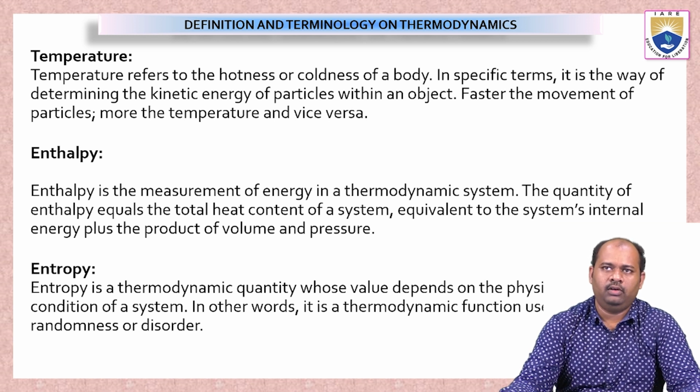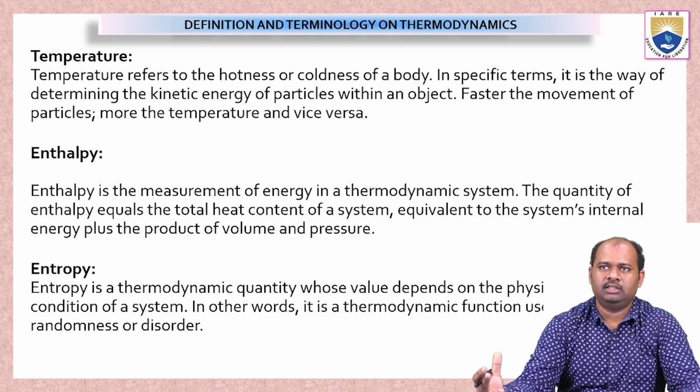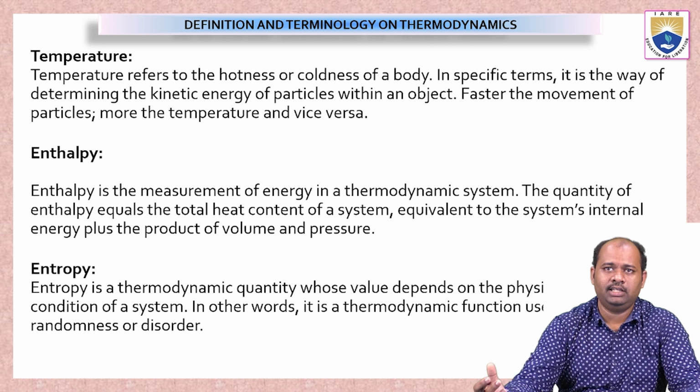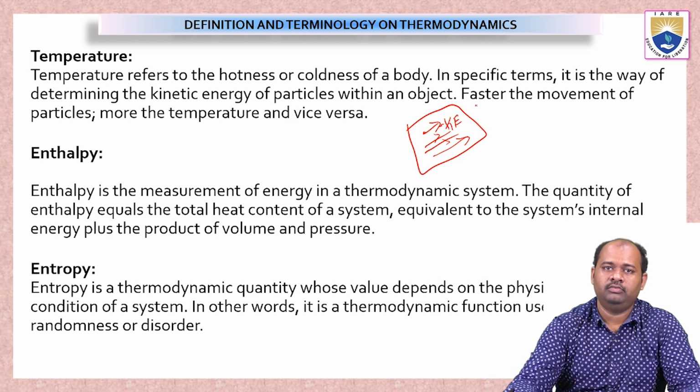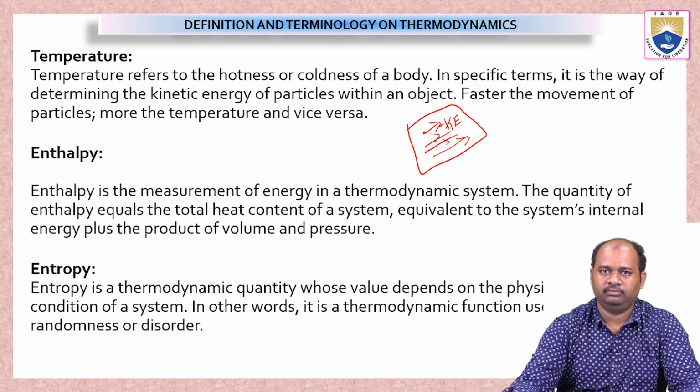So, in a specific way, it is a way of determining the kinetic energy of the particles within an object. If a body is hot, all the particles inside will be moving randomly and fast. The kinetic energy of all the moving particles will be very high, which indicates the temperature is very high.